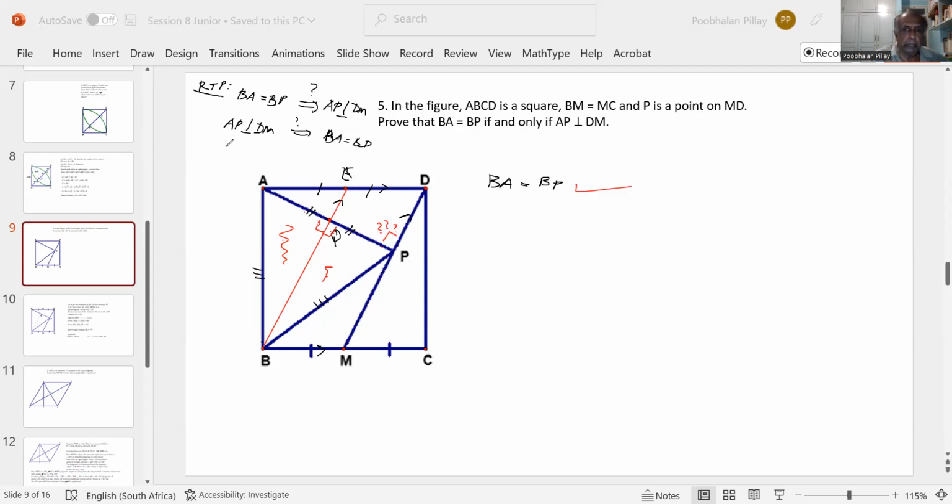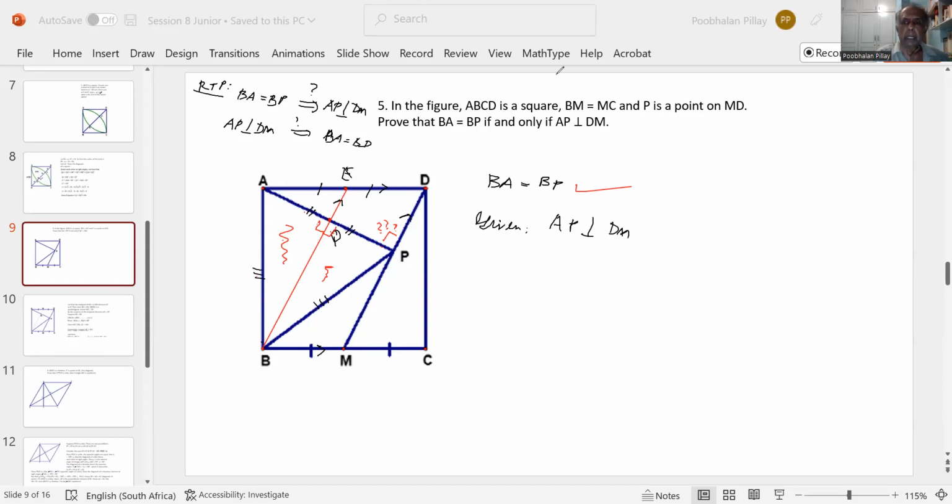Now, the other part here now is, suppose you know that AP is perpendicular to DM. This time you are given that AP is perpendicular to DM. Okay, let me just wipe out all these red lines here.